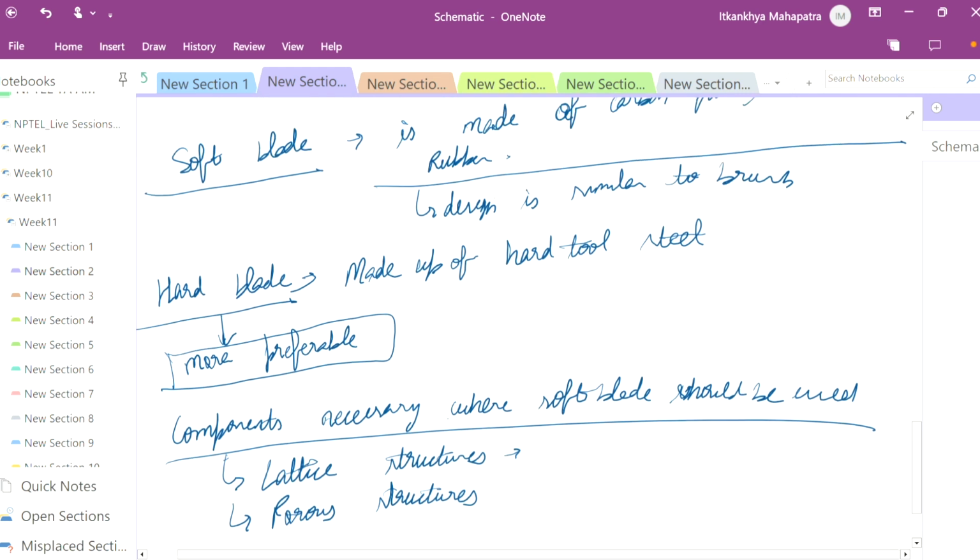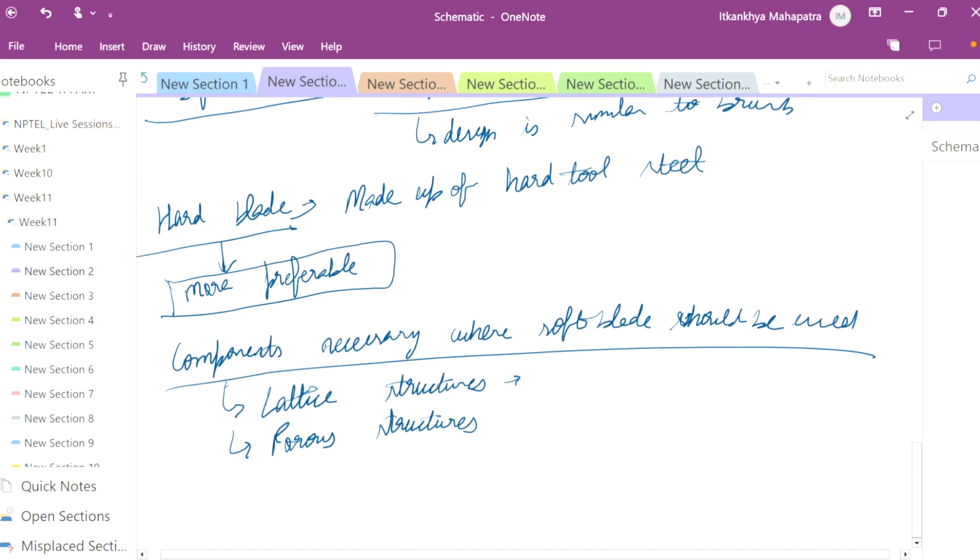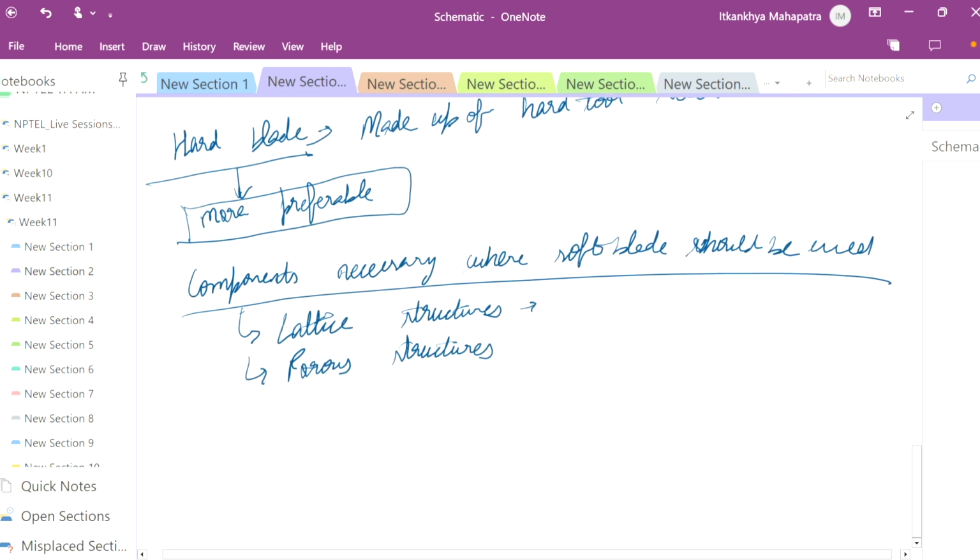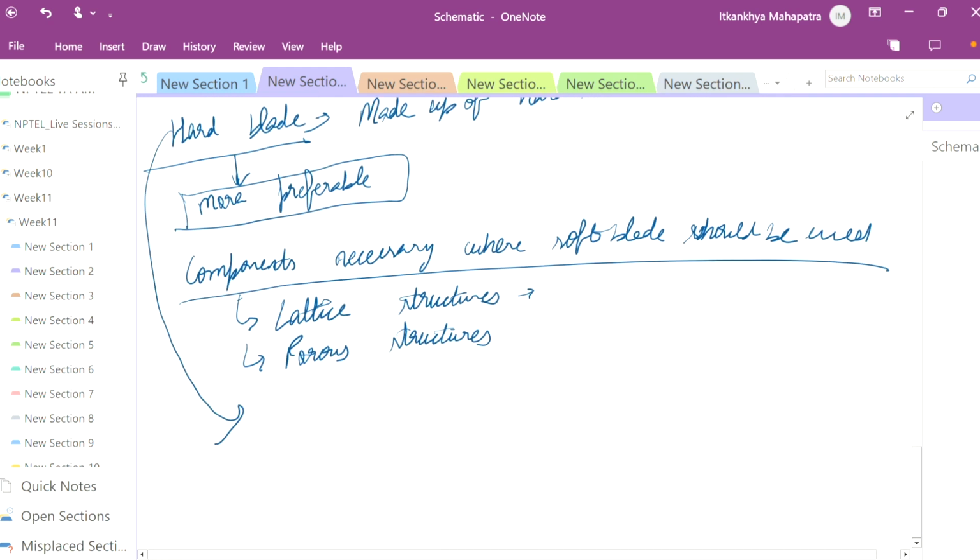But if we are trying to build some other components like some aero engine components, we have to use a hard blade, because when a hard blade is used, life is more and maintenance is less.